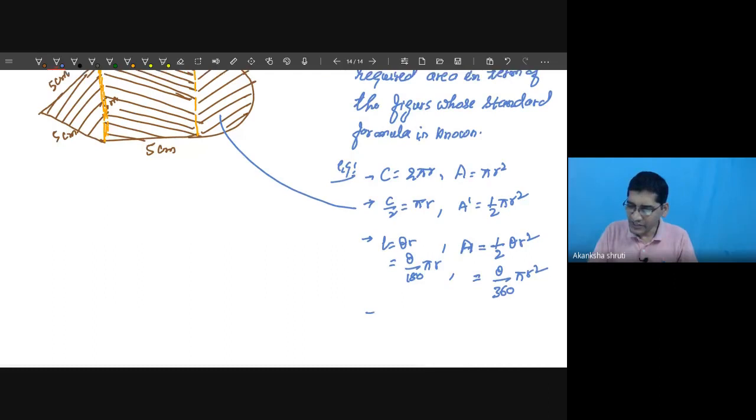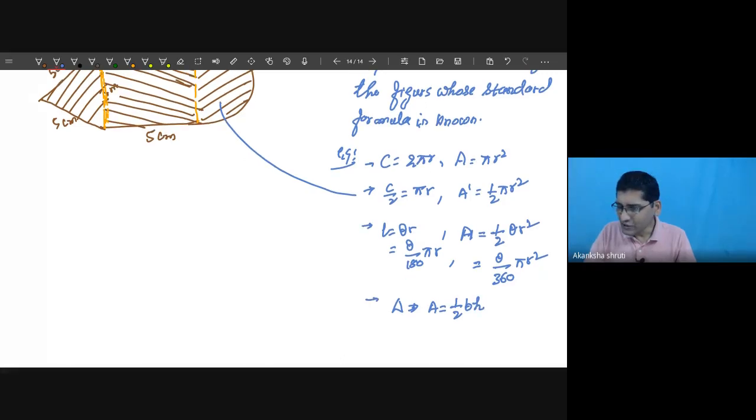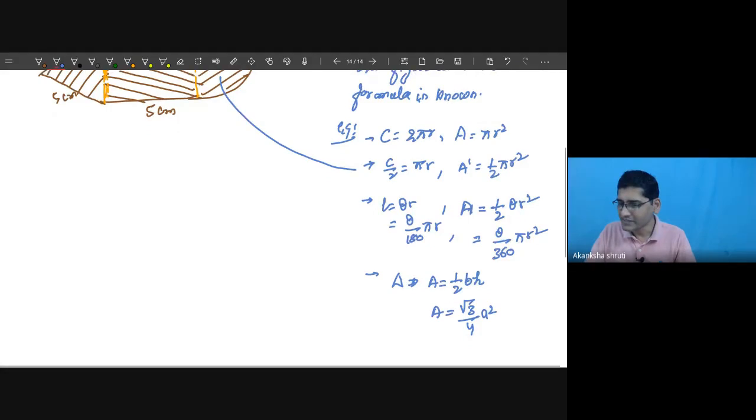In addition to this, wherever there is a triangle, apply the formula for the triangle. So for this, the area, half base into height, can be applied. If it is an equilateral triangle, then the area is given by root 3 by 4 a square. This we have learned in class 9.